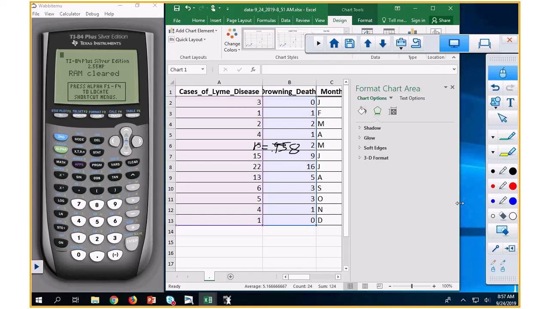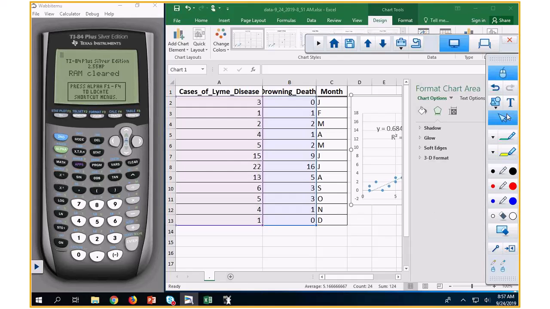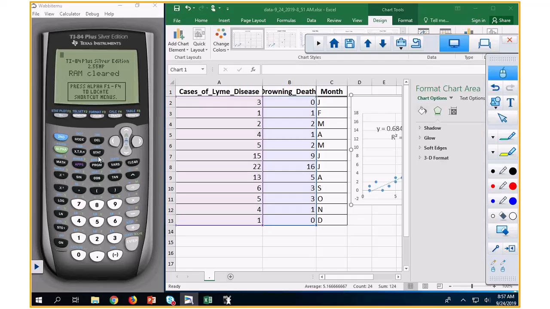Okay, so I'm going to type in these numbers in stat. So stat, edit. I'm trying, people. It's kind of hard to do when the technology is not working right. 3, 1, 2.